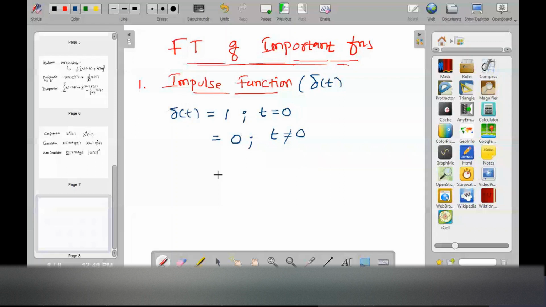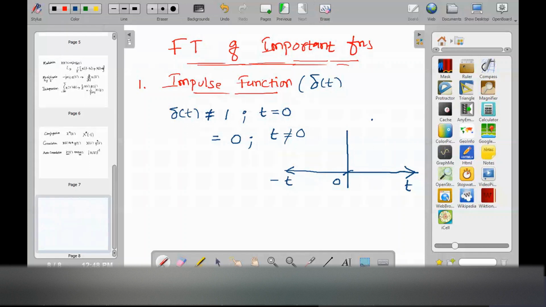Actually, delta of t is not equal to 1. That means it may have an infinite value. But people think it is 1, when it is actually very large. If you want to plot this delta of t, how do I write it? This is my time domain signal, with x-axis t, negative t and positive t.